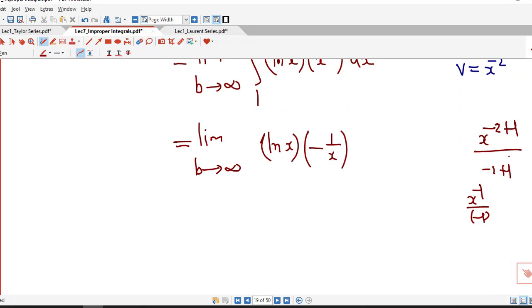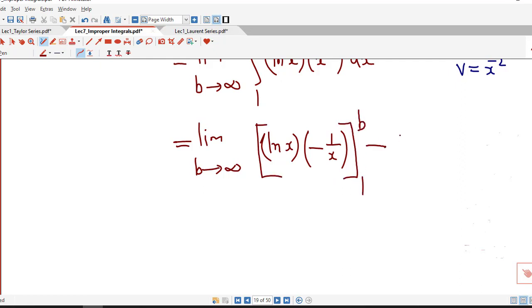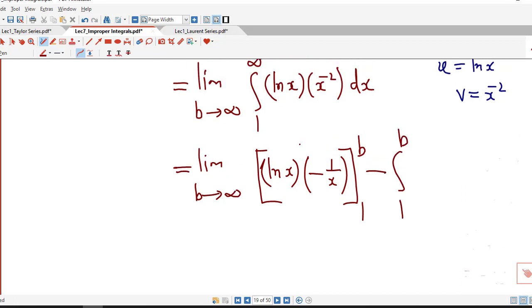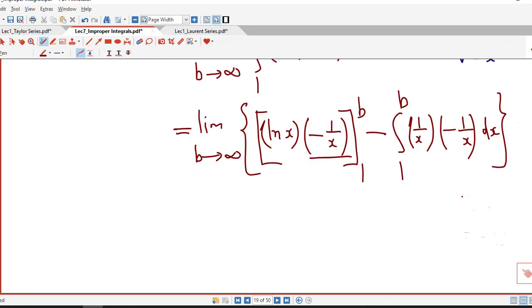So I write directly x raised to minus 1 divided by minus 1, that is minus 1 by x, and limits are from 1 to b. Minus integral from 1 to b derivative of log x, which is 1 by x, times integral of x raised to minus 2, which is minus 1 by x, and then the integral of the product of these two, and we have to consider the limit of this whole bracket.